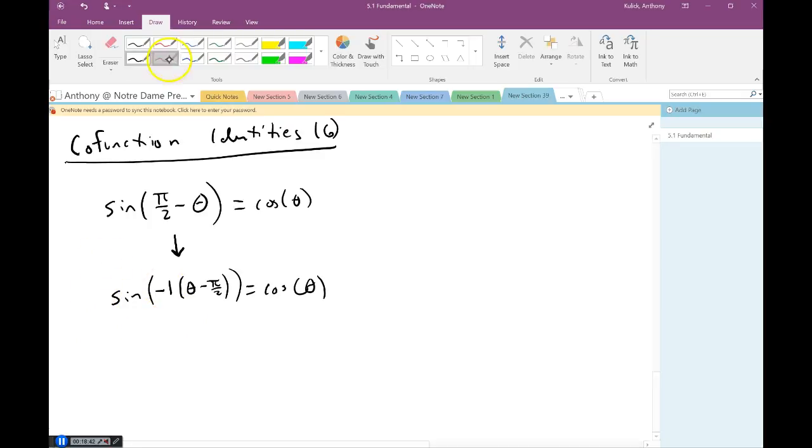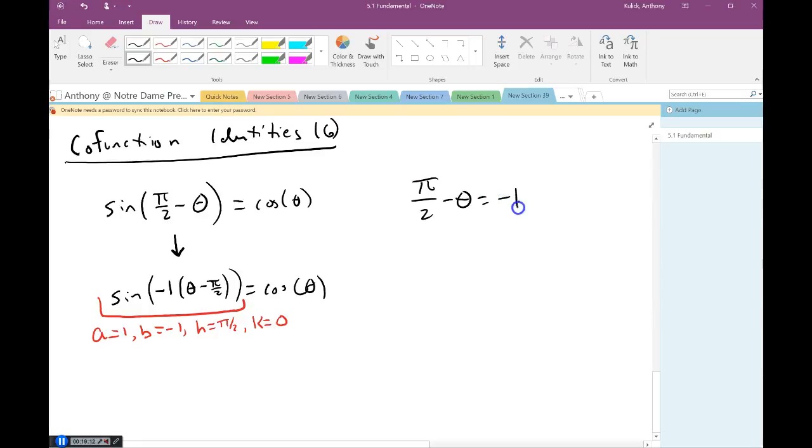So if I look at just the sine part, I have an a value of 1, a b value of -1, an h value of pi over 2, and a k value of 0. I factored out a -1. If I factor out a -1, that becomes negative pi over 2 plus theta, right?